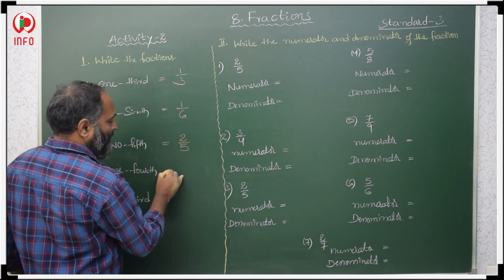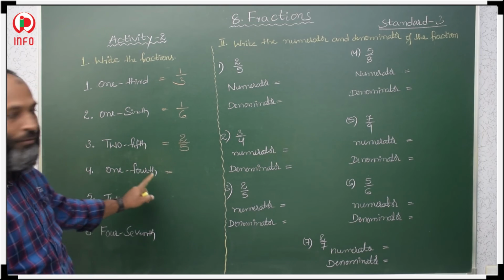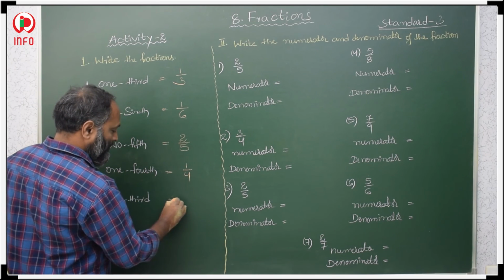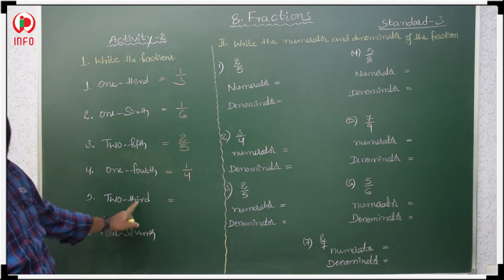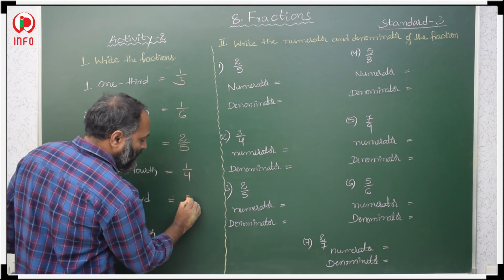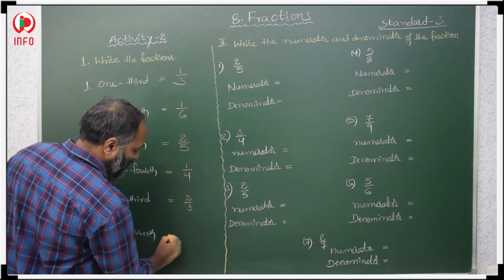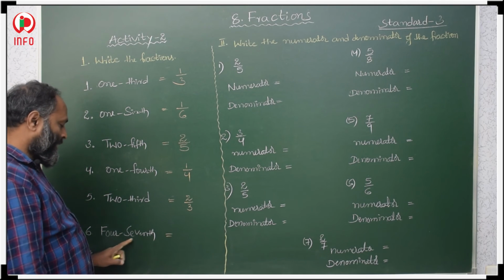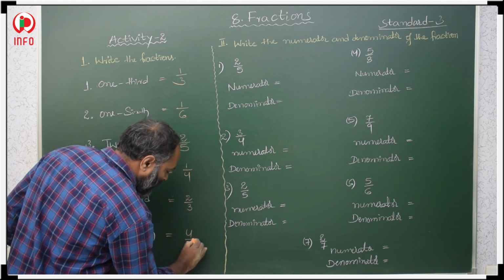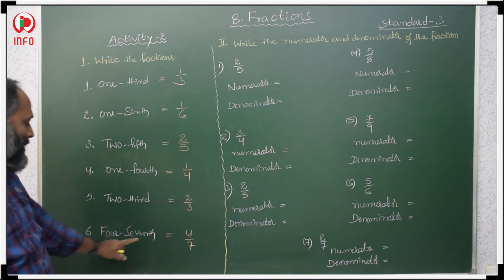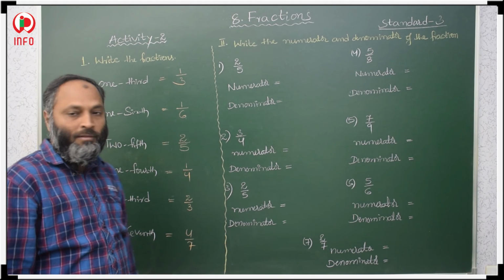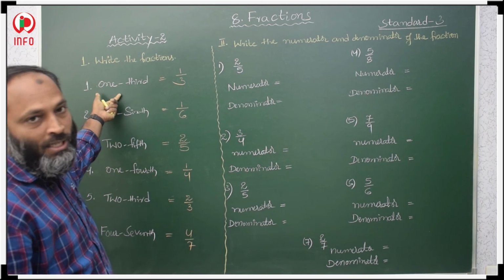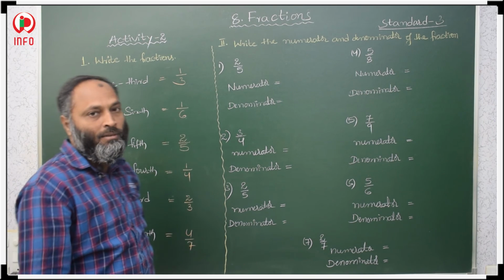Next, 1/4 means 1 by 4. 2/3 means 2 by 3. 4/7 means 4 by 7. In this way, we have to convert what he has given in words into fractions.